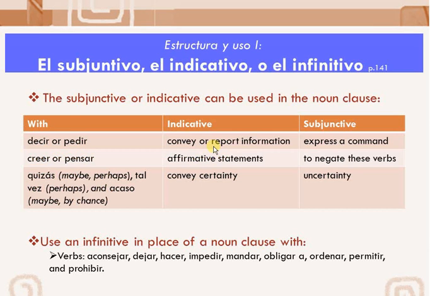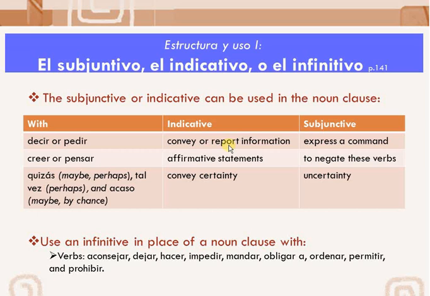In some situations, depending on the context, either the subjunctive or the indicative can be used in the noun clause. For example, with verbs like decir and pedir, you're going to use the indicative if you are reporting information. If I say, Juan dice que el torneo empieza a las 6, I'm saying that he said that the competition starts at 6.